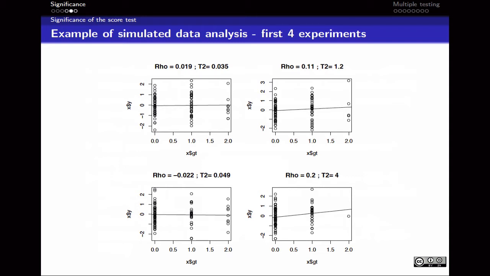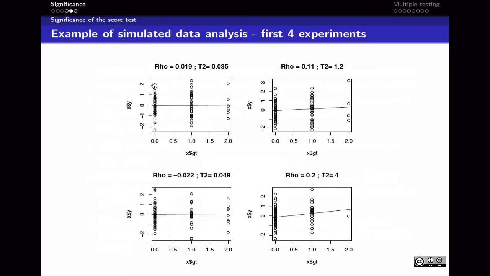Okay, here I show the data which I obtained in my first 4 simulation experiments. On the first panel, each dot represents a sampled individual, and I have 100 such dots in any of these plots.